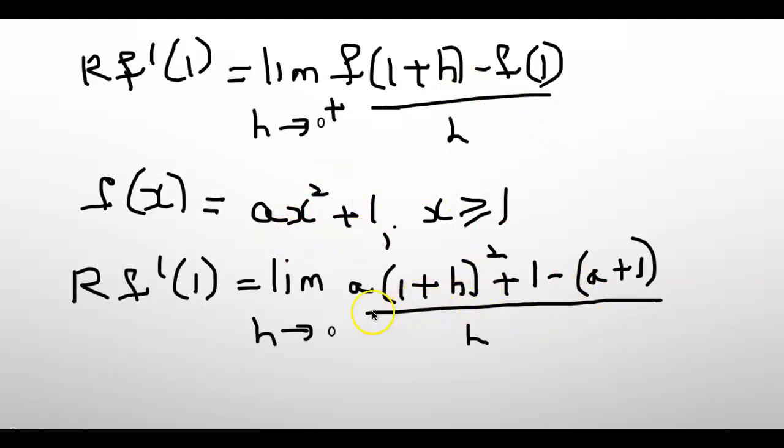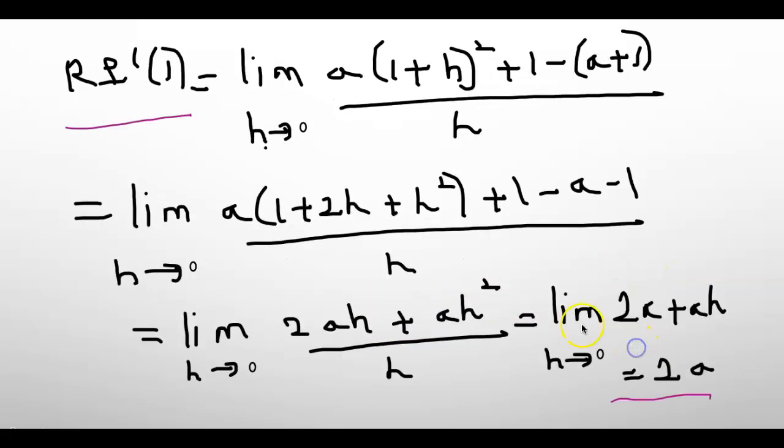When I expand this I get a into (1 plus 2h plus h squared) plus 1 minus a plus 1. So the a and the 1 cancel and you get the limit as h tending to 0 of ah plus ah squared by h. That will be the limit as h tending to 0 of a plus ah, that is 2a. This is the right hand derivative of f at 1.